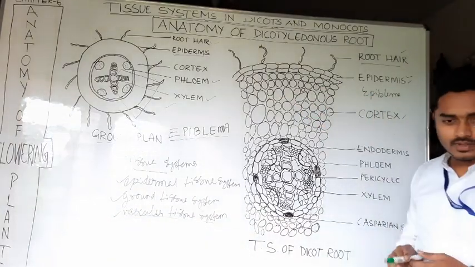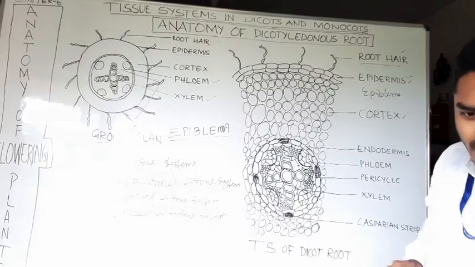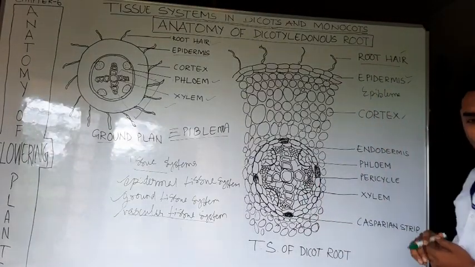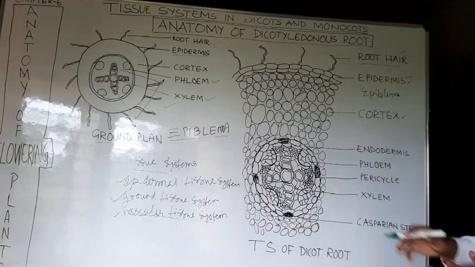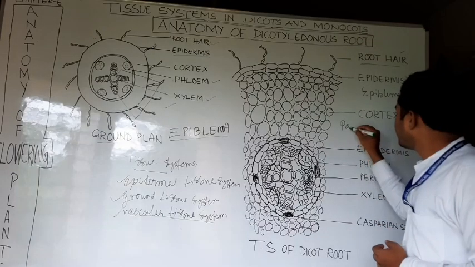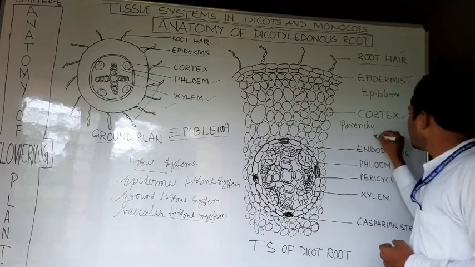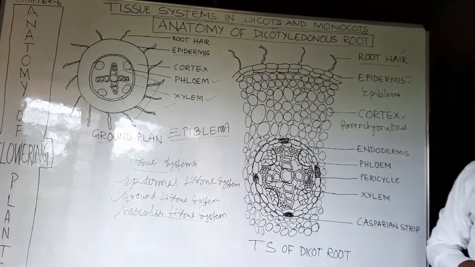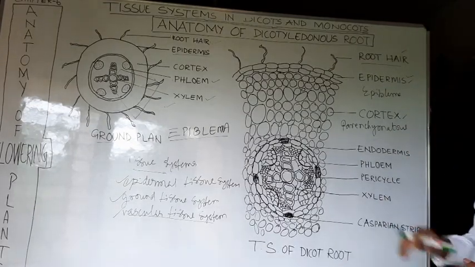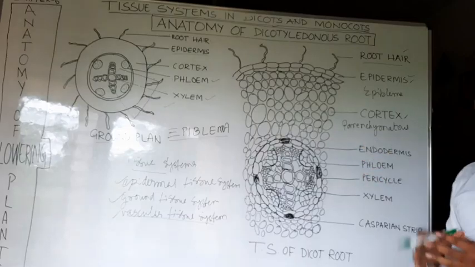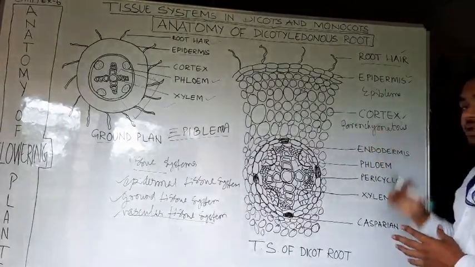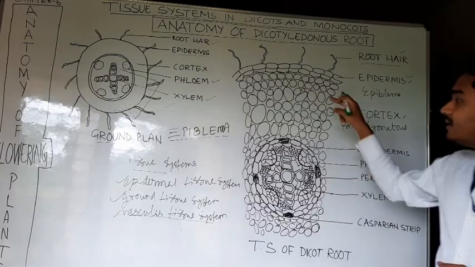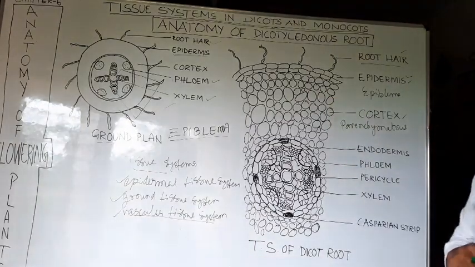or the circular structures, are known as the cortex, and this cortex is made up of parenchymatous cells. So try to remember what the parenchymatous cells are that we have discussed in the tissue system. Simple permanent tissue, and parenchymatous cells are distinguished by the presence of intercellular spaces.